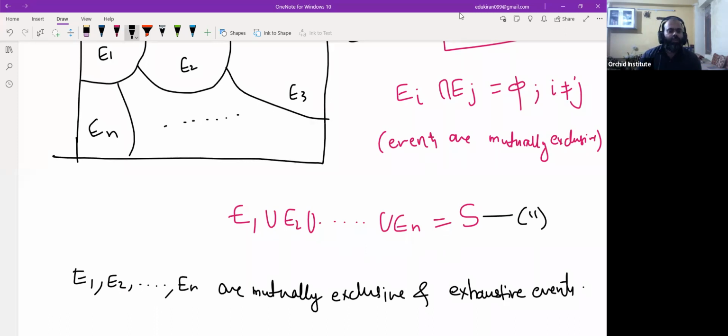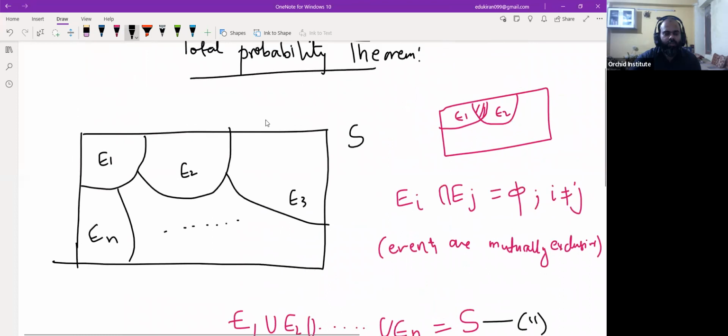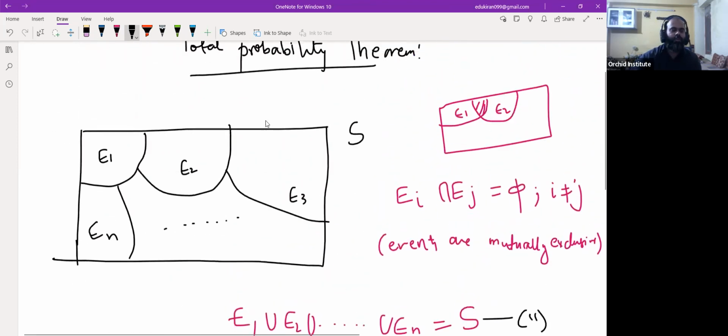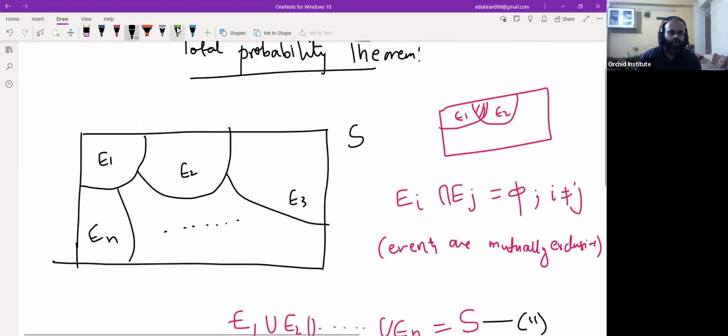Now, based on this, if you try to understand total probability theorem, so total probability theorem says, suppose we have an event A which is apart from E1, E2, En and so on.